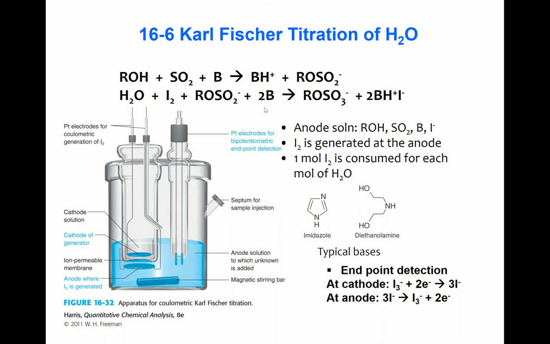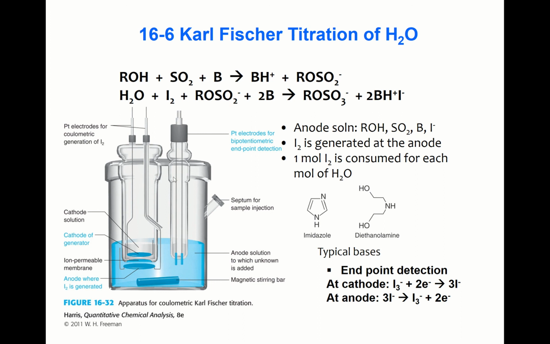The principle is that this alcohol reacts with SO2 and the base to give rise to this one. And then this species now reacts with water in the presence of iodine. Okay, gives this one.